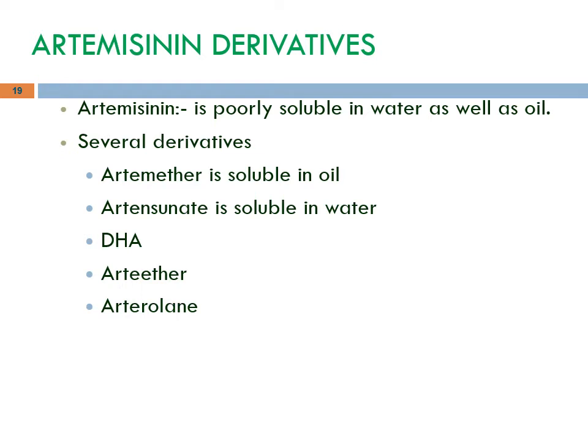Both of them are given orally as well as by intramuscular route. Artesunate can also be given by intravenous route. The active metabolite of artemether and artesunate, dihydroartemisinin, is also used orally. Arteether, which is an injectable form, and arteflene, which is an oral form, both were developed in India, and collectively these are all known as artemisinins.